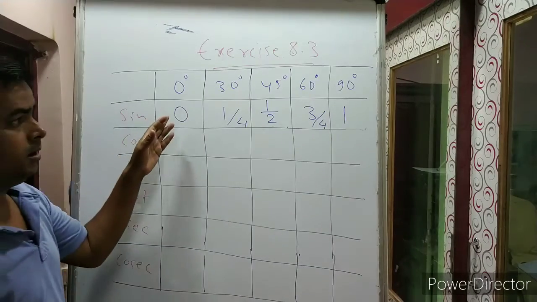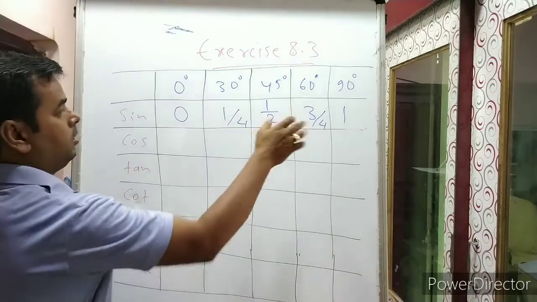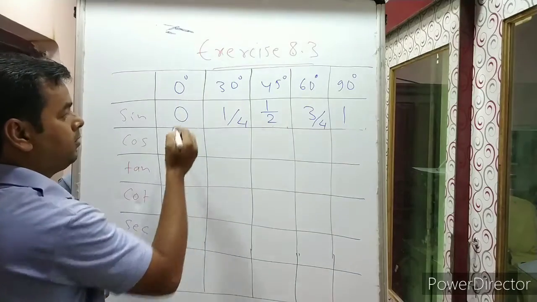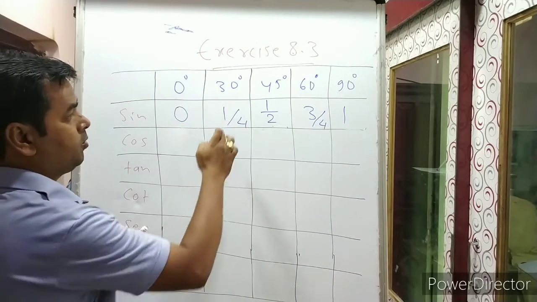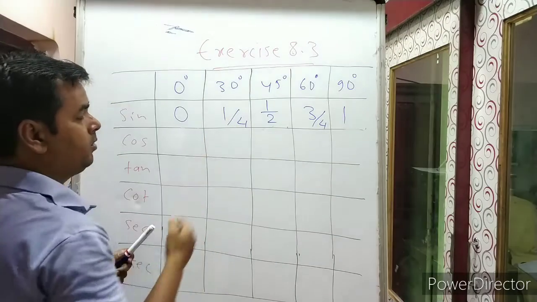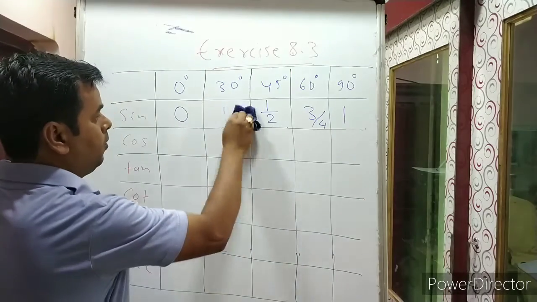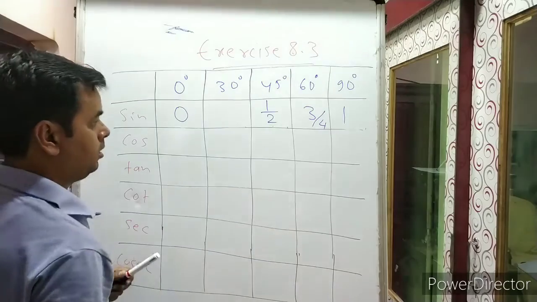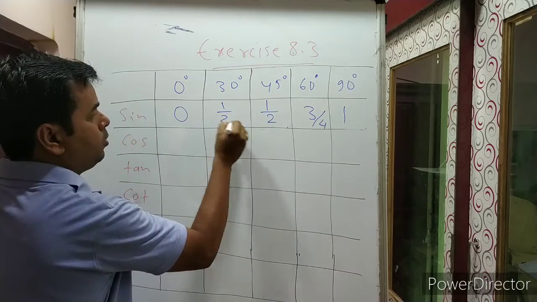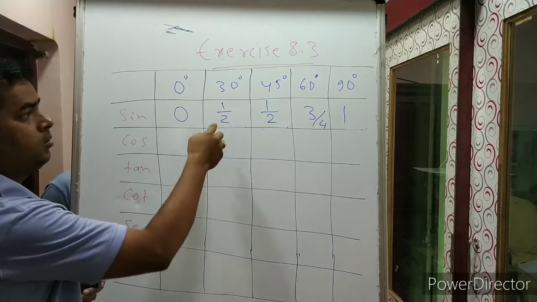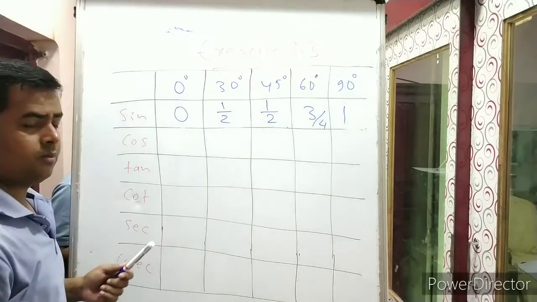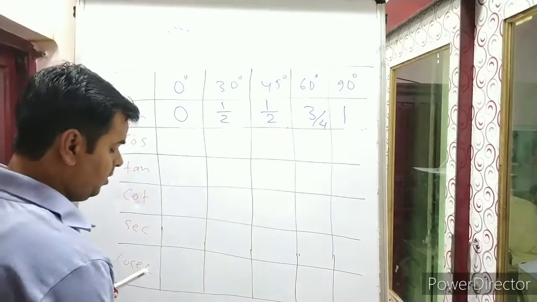Now take a square root on all this. The square root of 0 will be 0 only. The square root of 1 upon 4 will be 1 upon 2, because the square root of 4 is 2, and the square root of 1 is 1 only.